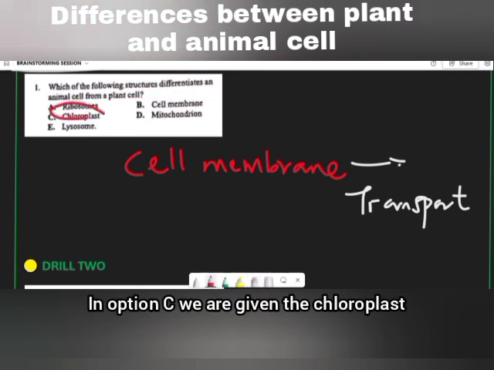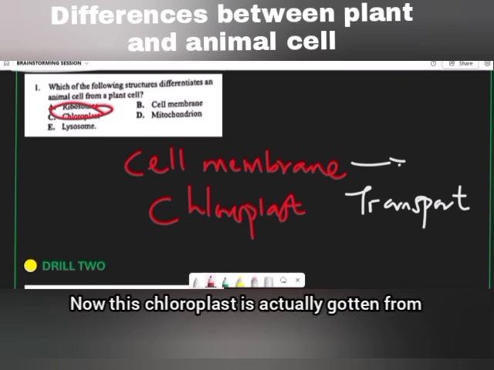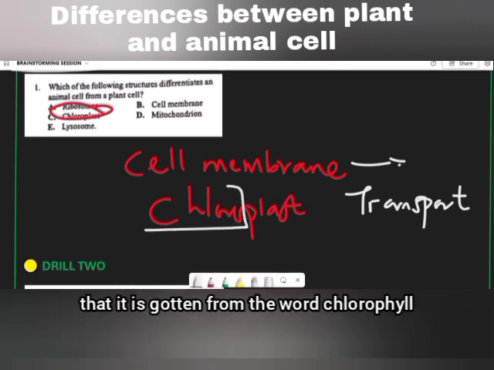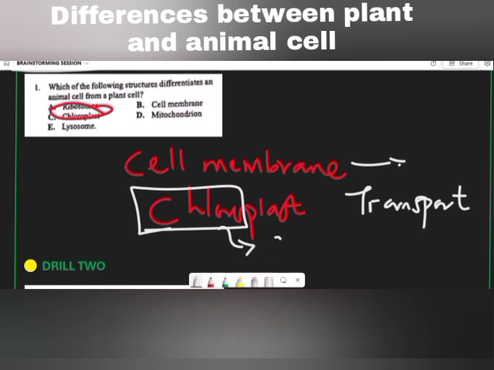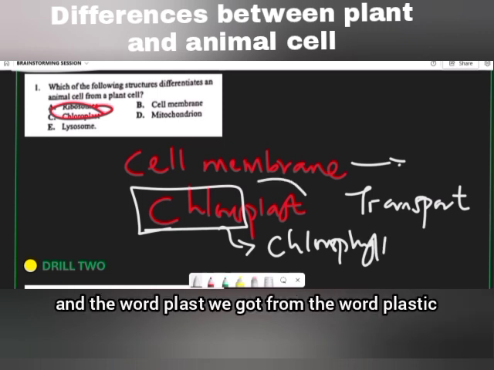Let's consider the next option, option C. In option C, we are given the chloroplast. Now, this chloroplast is gotten from plant cells only. From the word chloro, you know it comes from the word chlorophyll, because chloroplast contains chlorophyll, and the word plast comes from the word plastic.